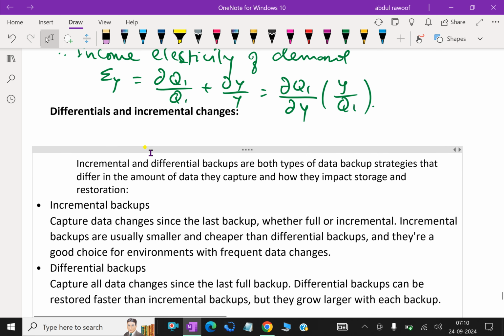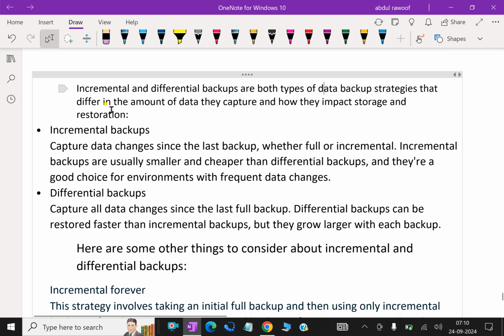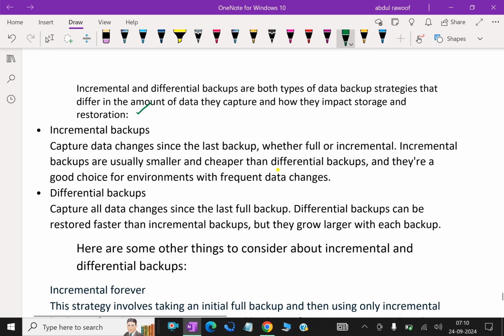Next one, differentials and incremental changes. What are differentials and incremental changes? Incremental and differential backups are both types of data backup strategies that differ in the amount of data they capture and how they impact storage and restoration. Incremental backups capture data changes since the last backup, whether full or incremental.